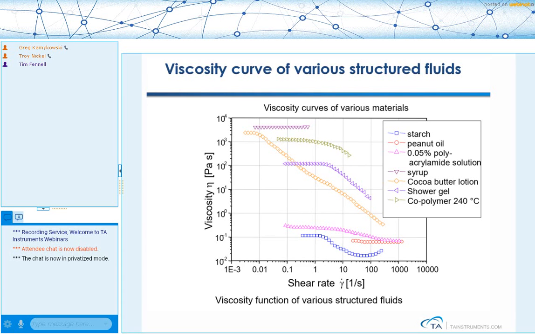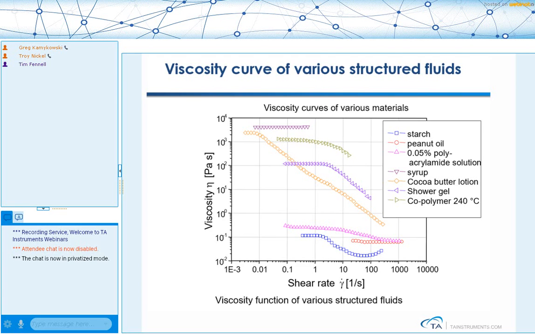If we look at the copolymer, it shows a very common shear thinning behavior that we expect from polymers. And we have some other materials that show some very strong dependence of viscosity on shear rate. So if we look at the cocoa butter lotion, what we see is that it is very shear thinning to the point where it looks like what we would call power law behavior over most of the experimental shear rate region.